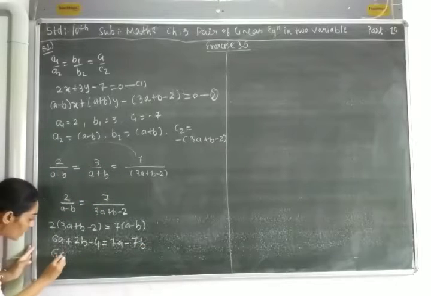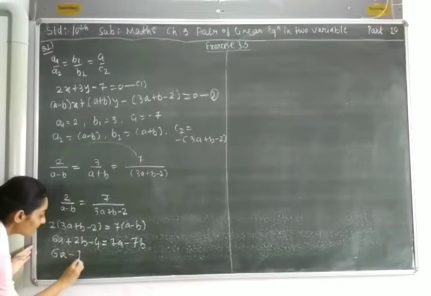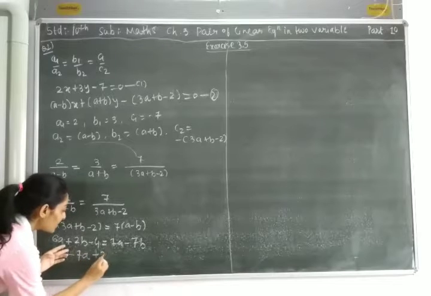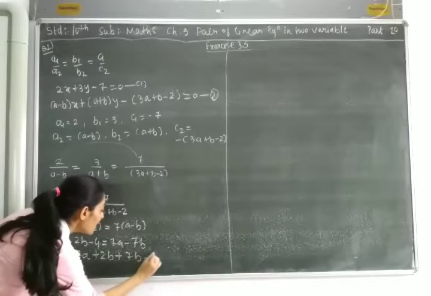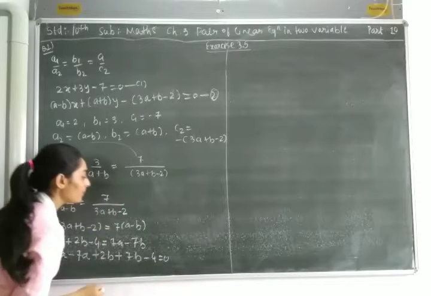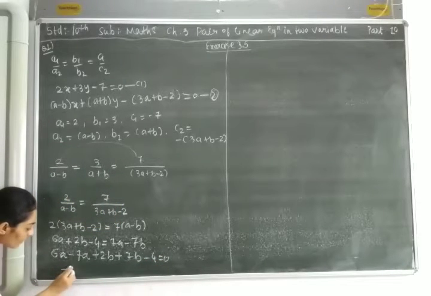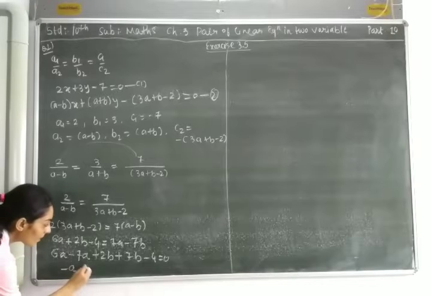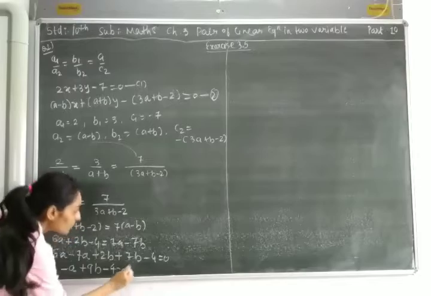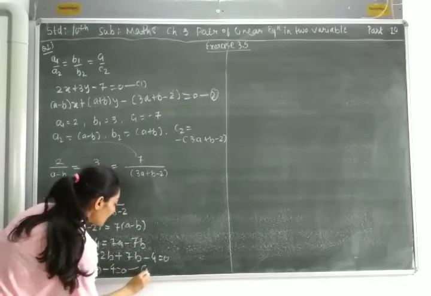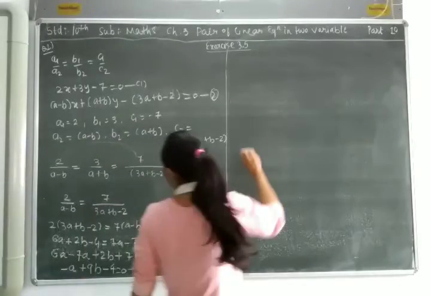Now 6a minus 7a plus 2b plus 7b minus 4 equals 0. So I am getting minus a plus 9b minus 4 equals 0. Let this be equation number 1.